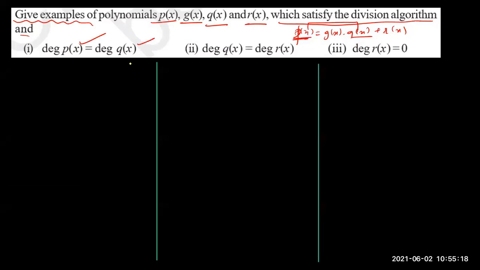So if degree of p of x and q of x are to be equal, the divisor you are taking, g of x, should be constant. Then only this first one is possible. Otherwise it is not possible.